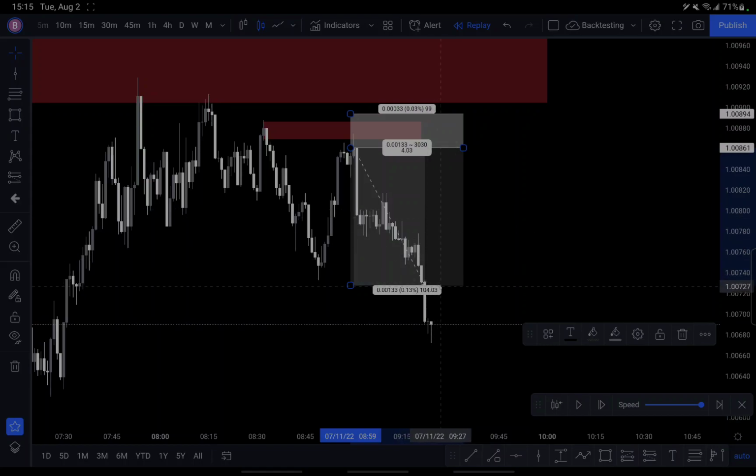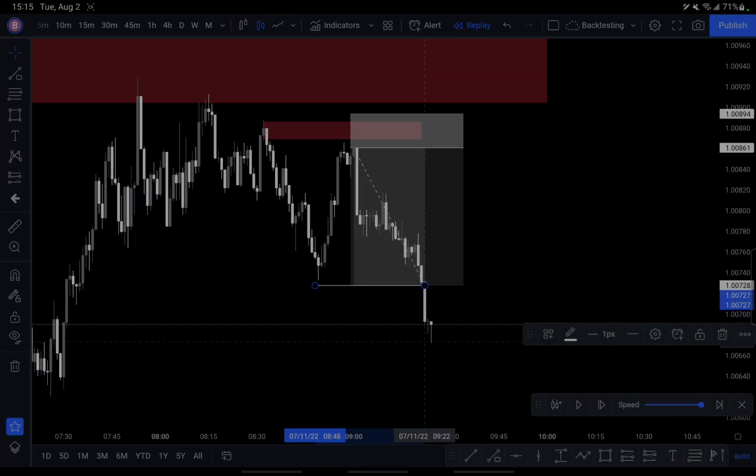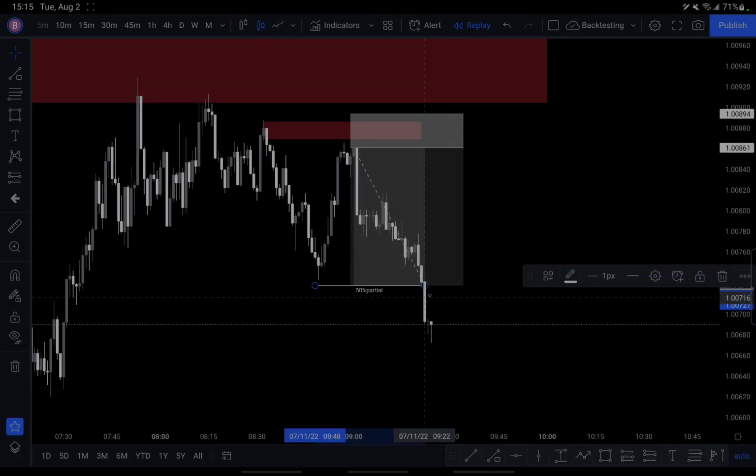So this right here, we would take 50% right here. So let me just go ahead and mark this up. We were taking 50% profits, 50% partial, and then let the rest run.